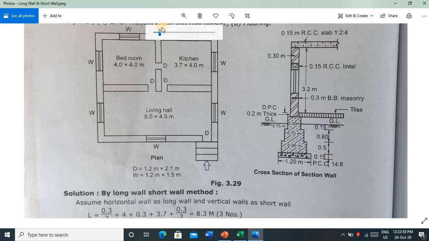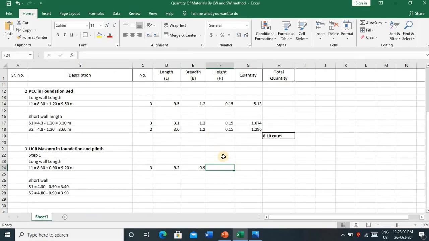So you need to write 0.5 here. The total quantity is, let me calculate, 3 into 9.2 into 0.9 into 0.5, 12.42.